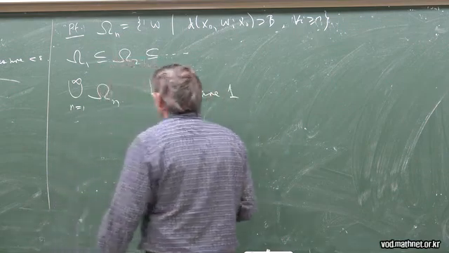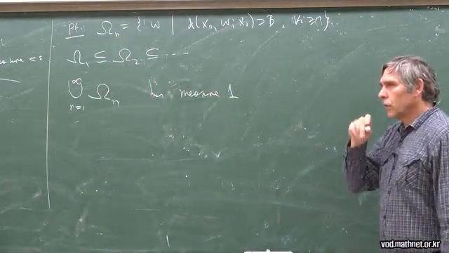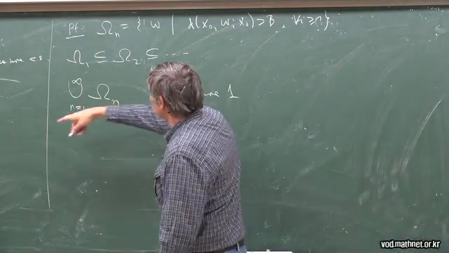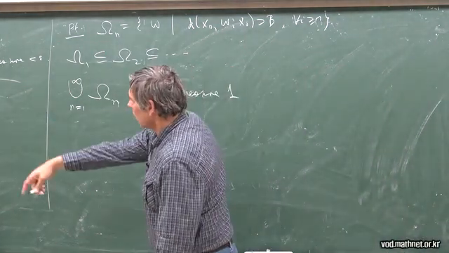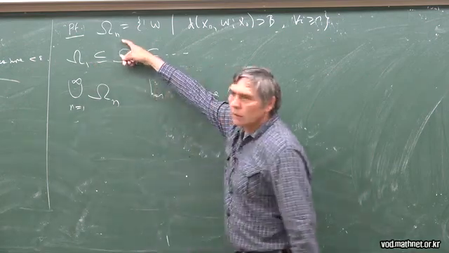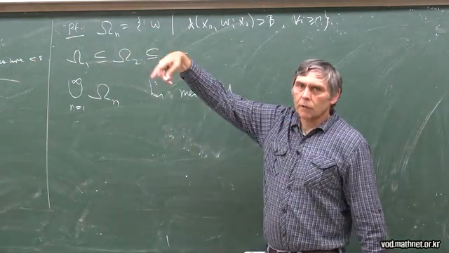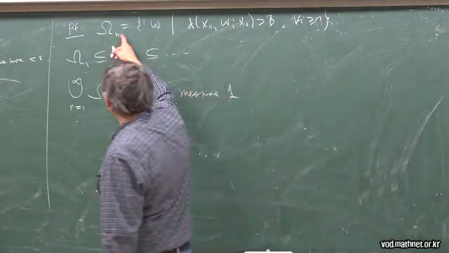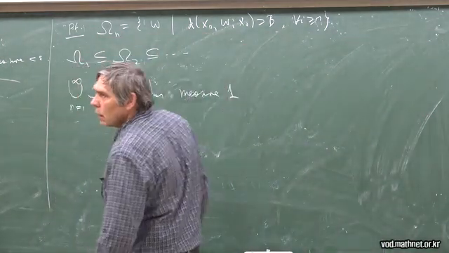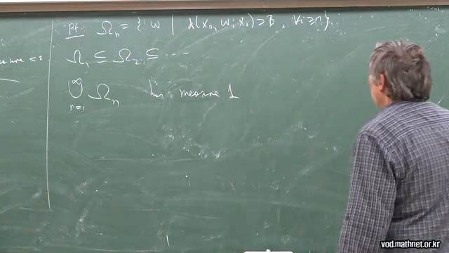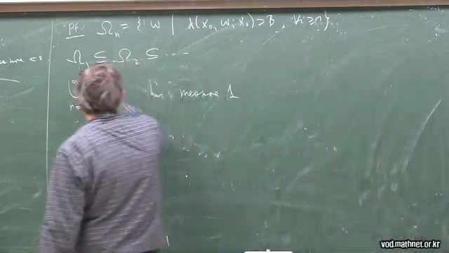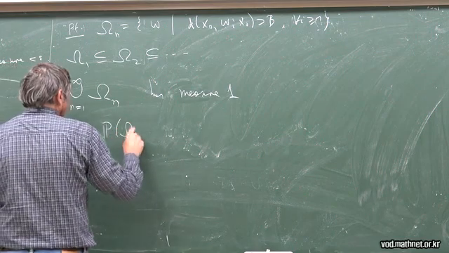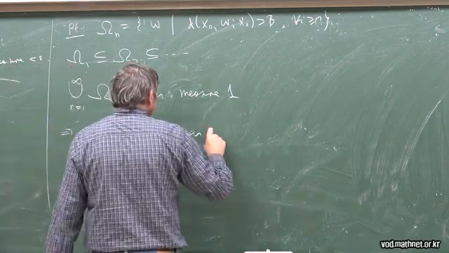Why? Well, because whenever you take a path that converges to a point in the Gromov boundary, it will eventually leave this ball. And so that path will be contained in some omega_n, right? If n is the last time it's contained in this ball, then it's going to be in all the subsequent omega_n's. And from measure theory, this implies that the measure of omega_n converges to 1 as n goes to infinity.